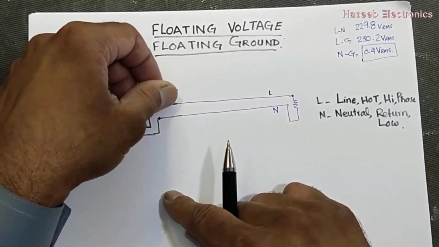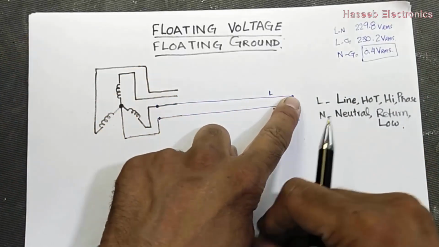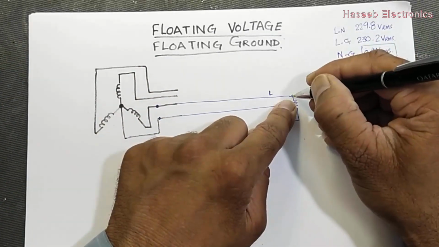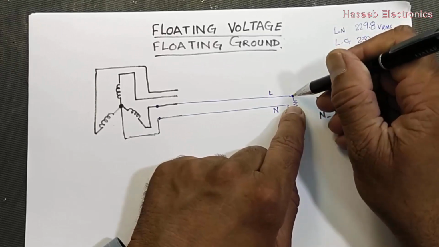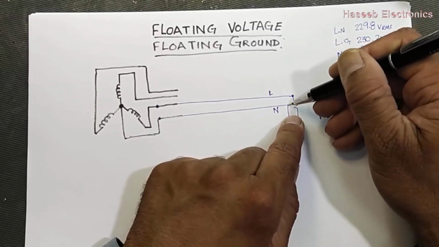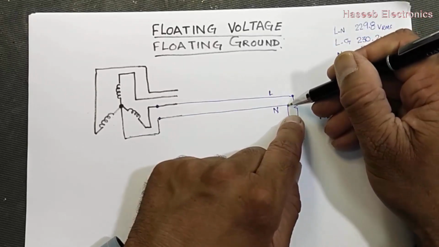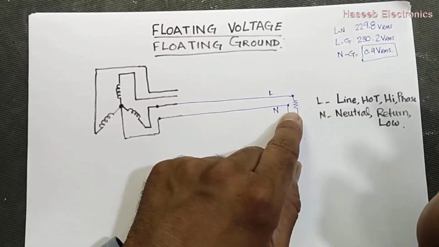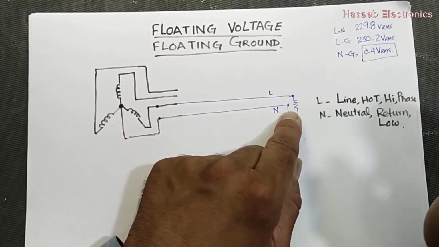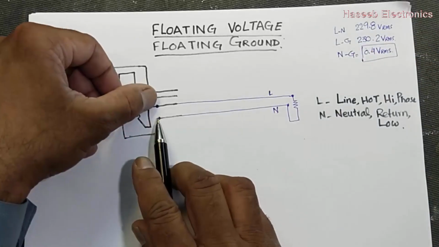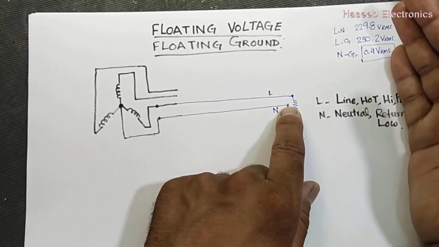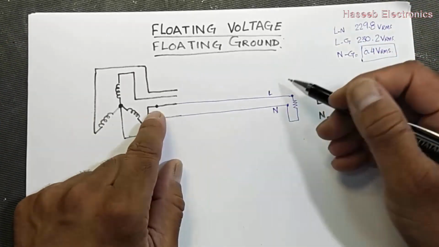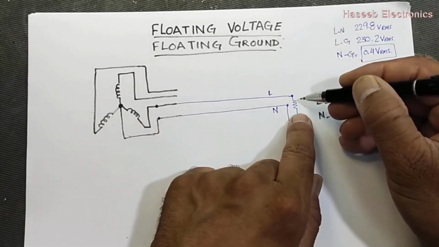So this conductor will cause a voltage drop. This voltage drop will reduce the supply voltage between line and neutral at this point. If you measure voltage here and here, there will be a difference, but it will not cause damage to anything.